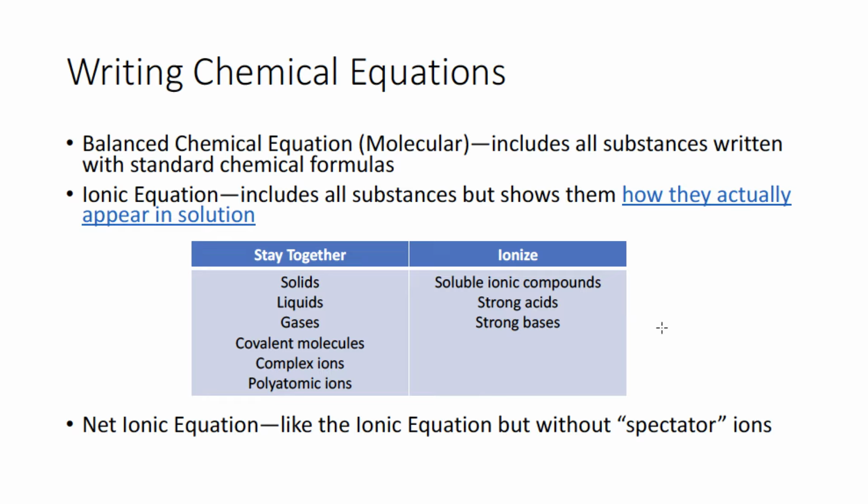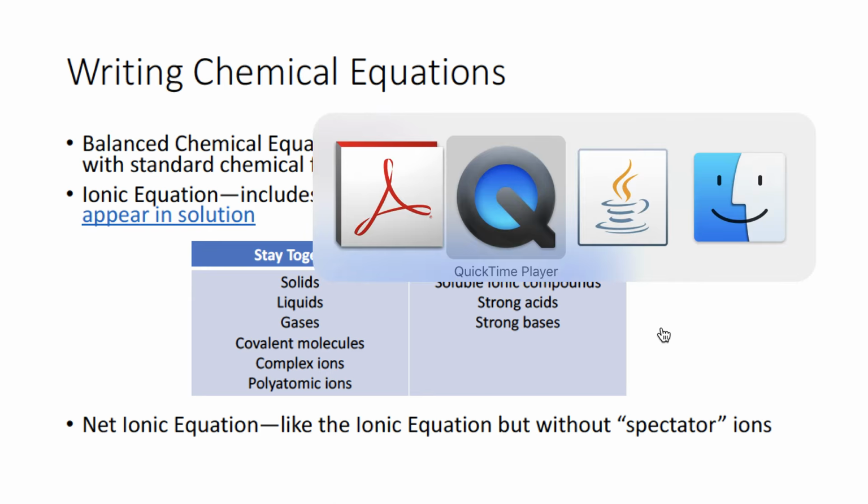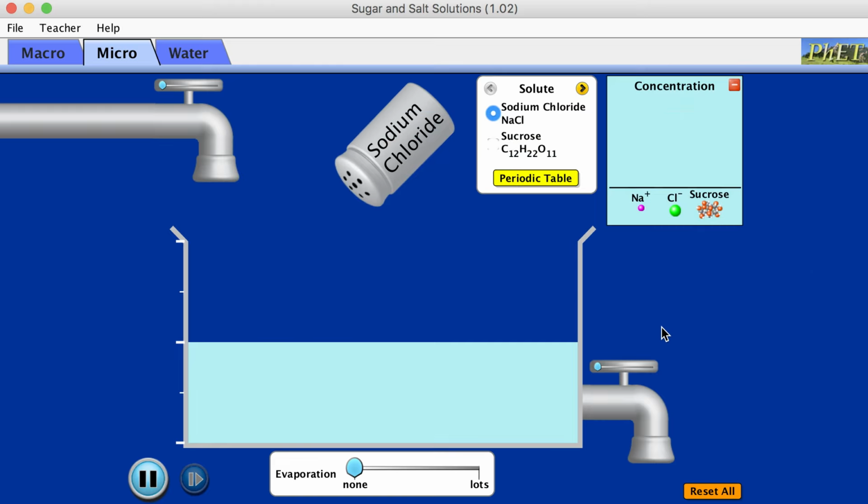And the reason that we have these other types of equations is because the ionic equation is going to show you how substances actually appear in solution. So we should be able to come over here and see this little demonstration. In this demonstration, we've got some sodium chloride and we've got some sugar.